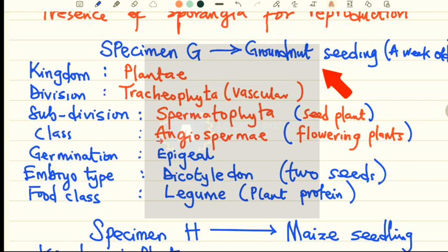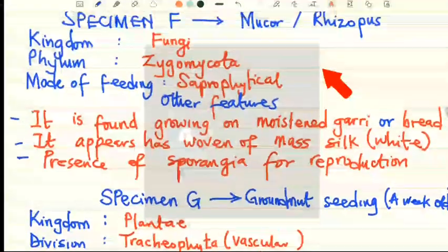Then the type of germination in them is the epigeal germination, where the shoots will actually be up. The type of embryo, they are dicotyledon, and the food class is a legume, meaning plant protein. That's it. So you need to know, sorry, let me quickly come back here.